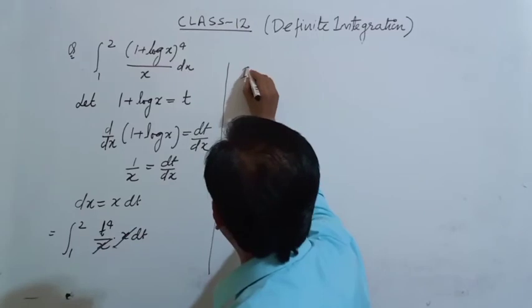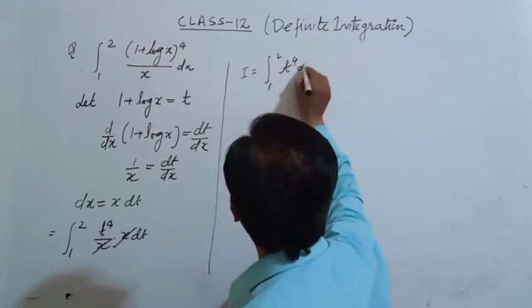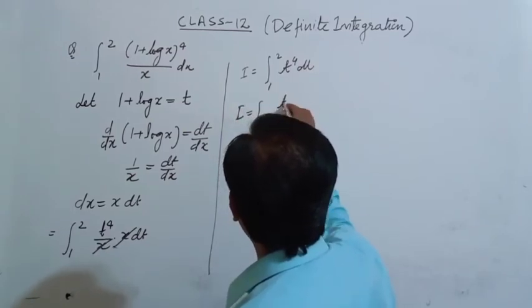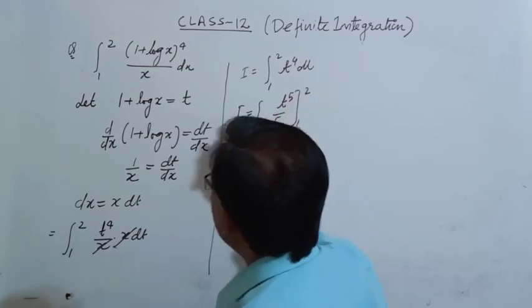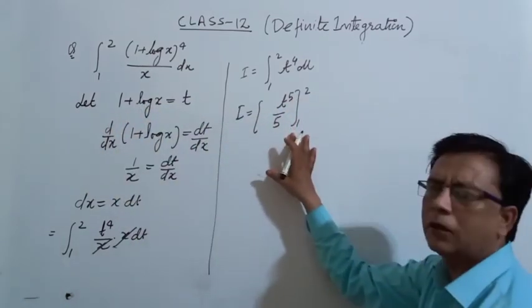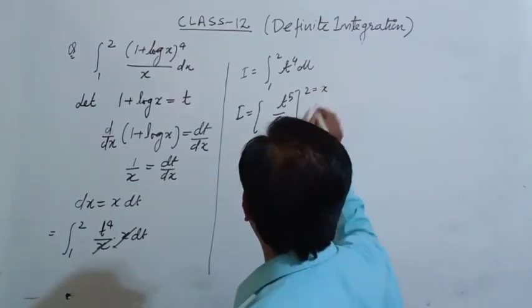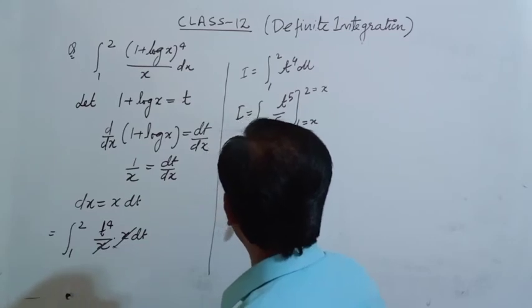So I is equal to the integral from 1 to 2 of t to power 4 dt, and this becomes t to power 5 upon 5, limit 1 to 2. Here we are not changing the limit, so we substitute the value of t because these are limits of x. So I is equal to 1 by 5.